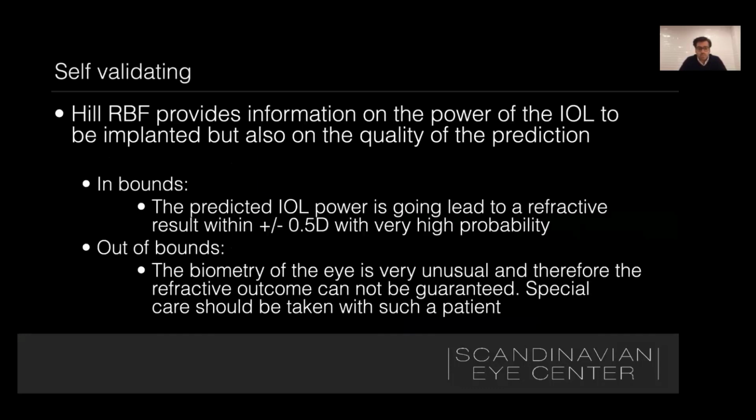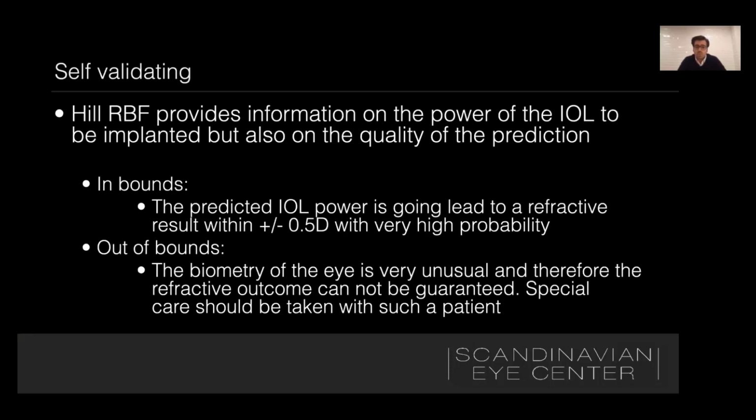So, like I was saying before, it's self-validating, and for somebody like me or my staff, it's really safe to use, because when we look at the printouts, we look at the prediction of the measurements, and we get a quality measurement, which will say whether the measurement is inbounds or out of bounds.